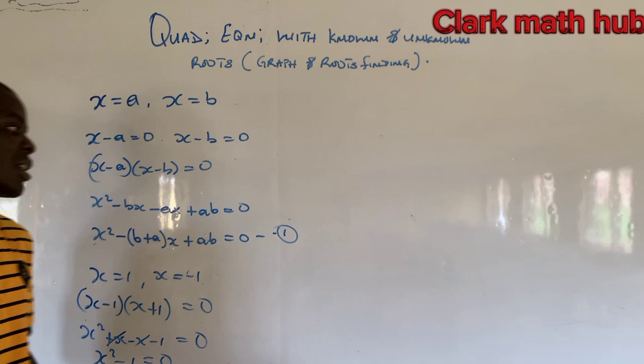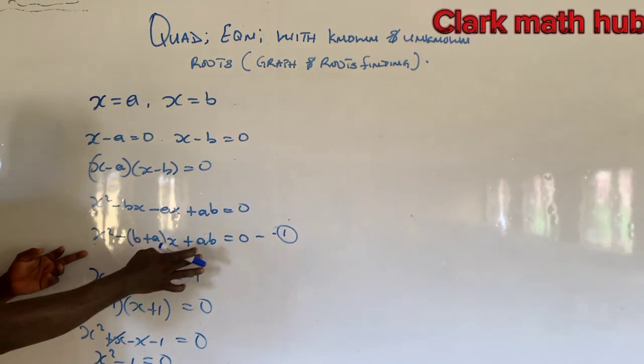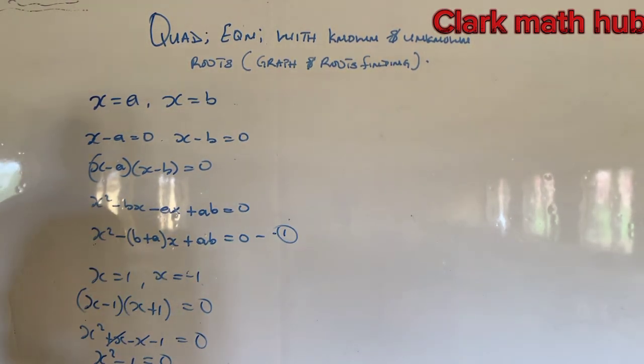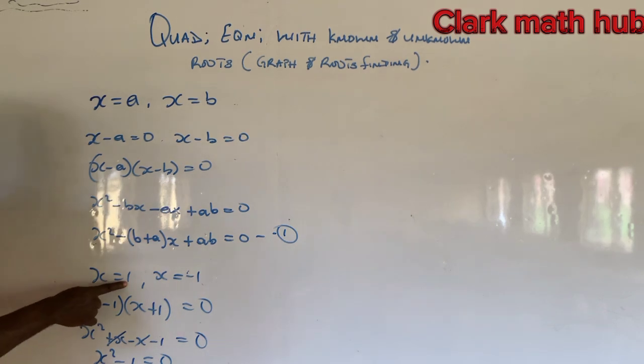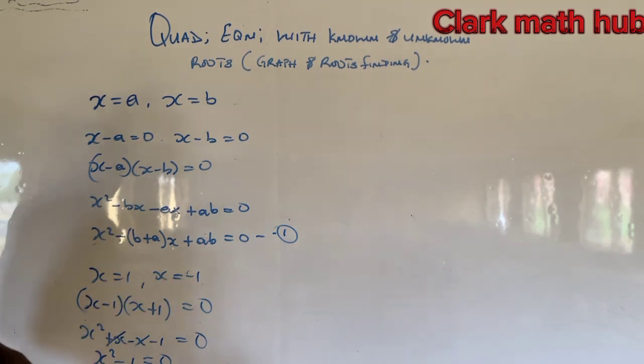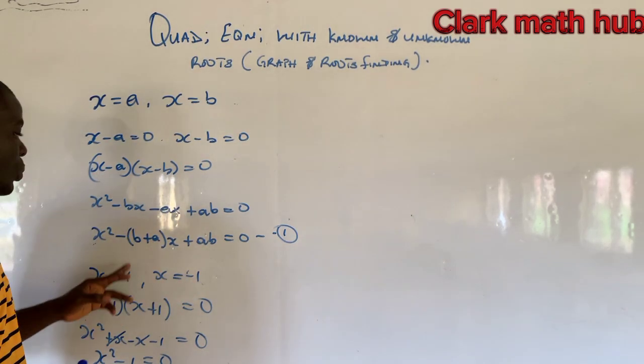This is what gave rise to that equation. To present this graphically, we can still put the answers into the formula. Let's say the first answer is A, which is 1, and the other one is B, which is minus 1.